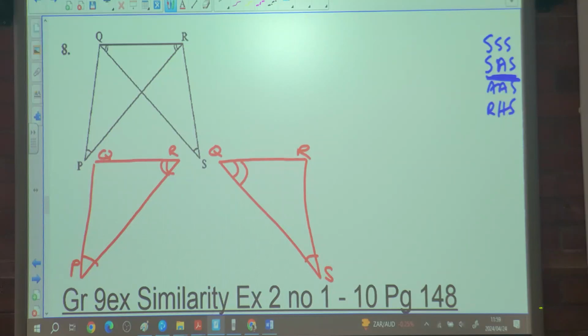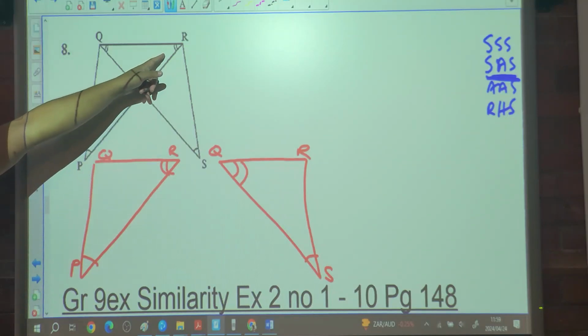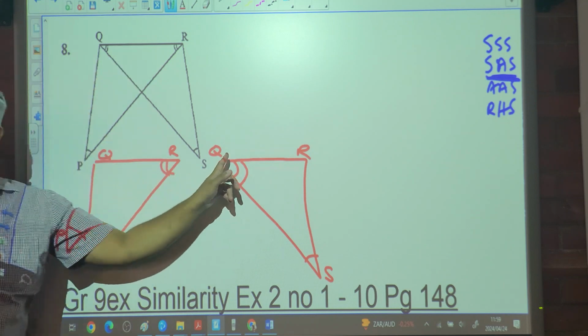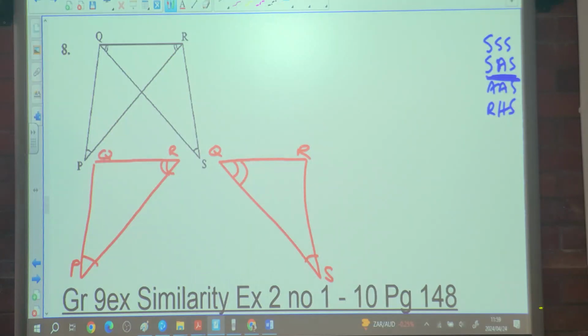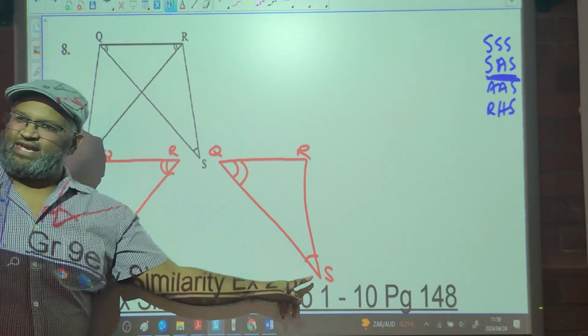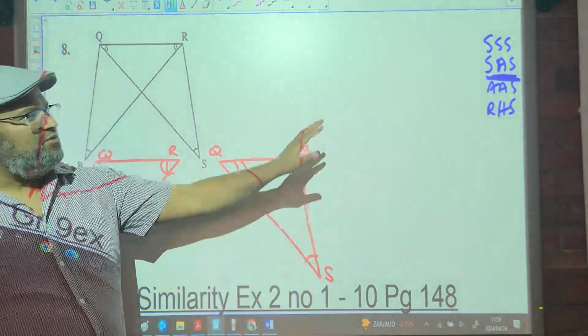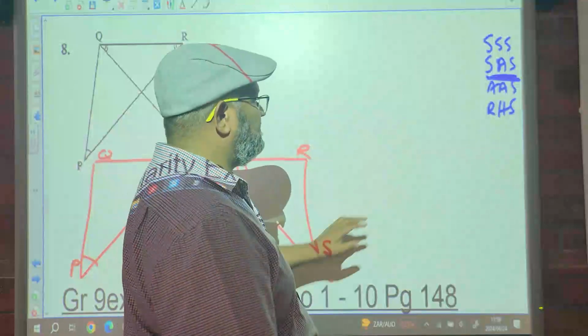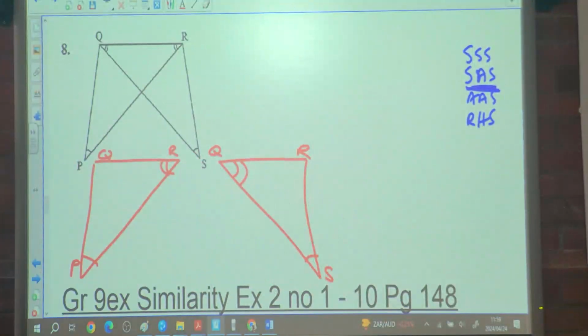So what do we know? Angle R of this triangle is equal to angle Q of that triangle, not so? Do we know that angle P of this triangle is equal to angle S of that triangle? It's given, eh? So what did we say yesterday about congruency? You must use at least one side.